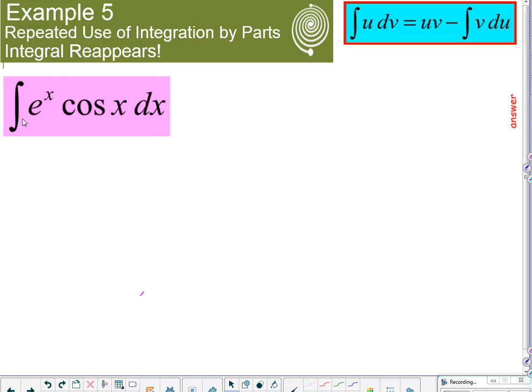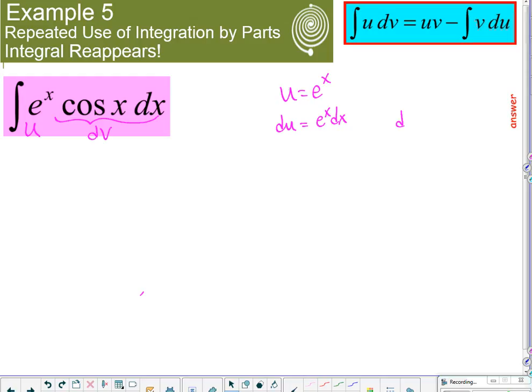We can select either one, to be honest, as our u and dv. I'm going to go ahead and let this be my u and let this be my dv. So let u equal e to the x, and then du will be equal to e to the x dx. Nice integral, nice derivative.